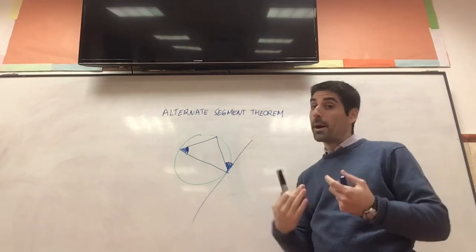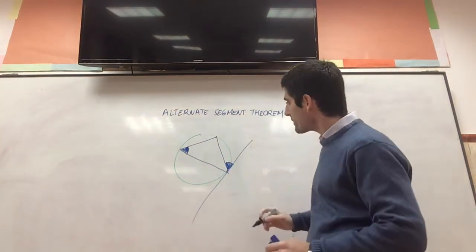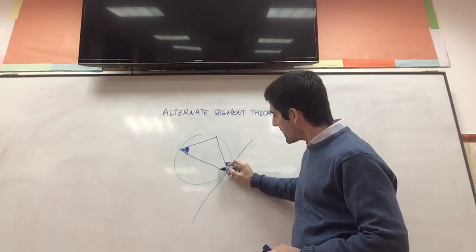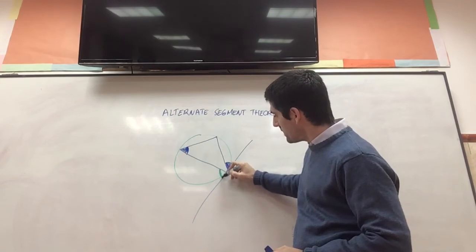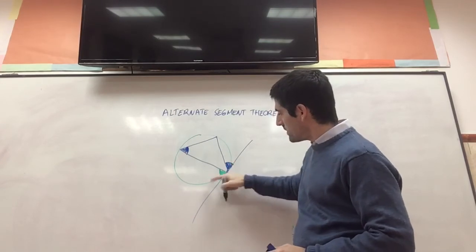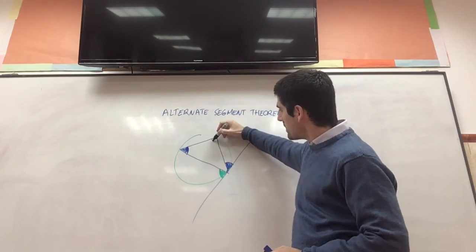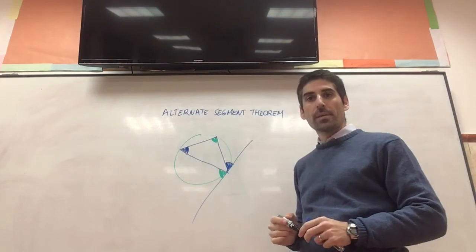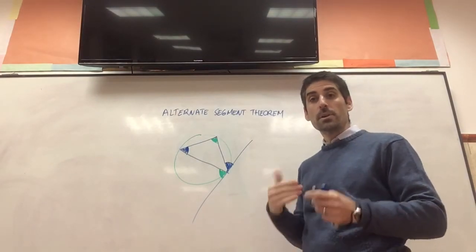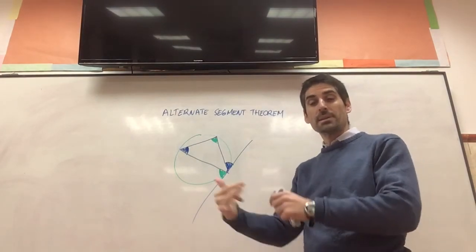And by the same argument, this angle here is equal to that one over there. And that is because of the alternate segment theorem.